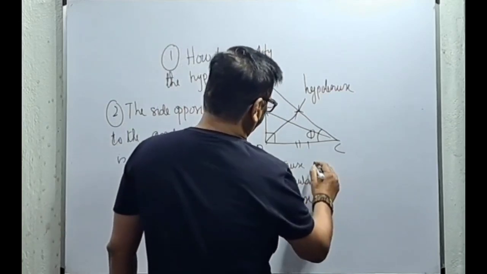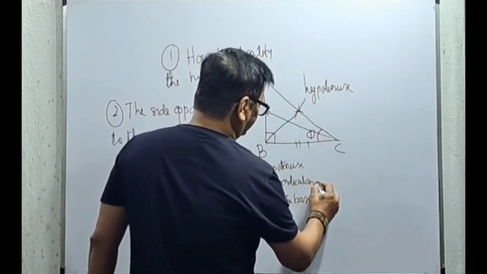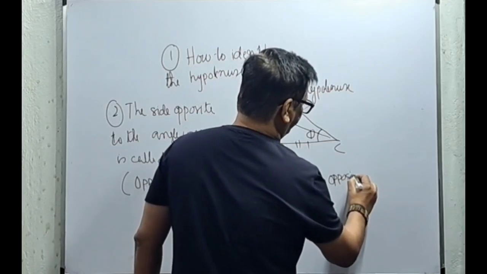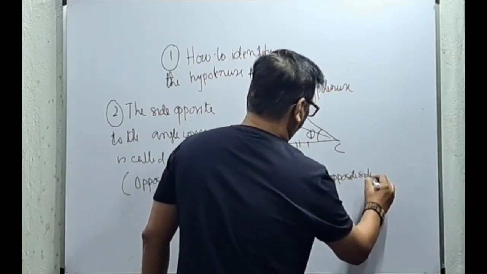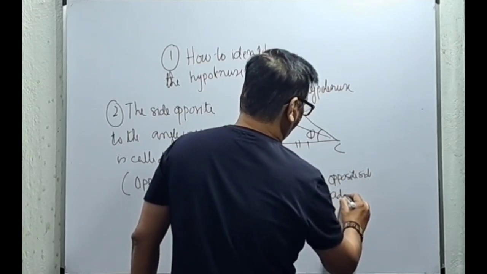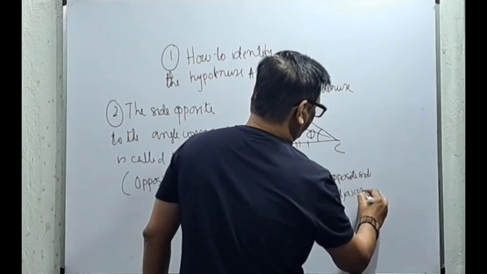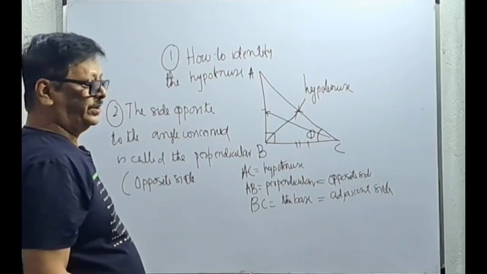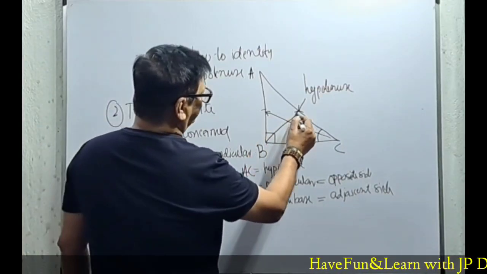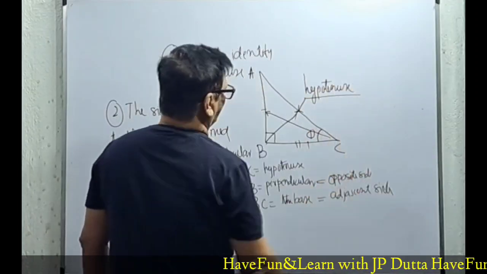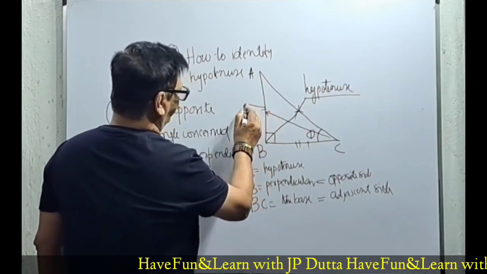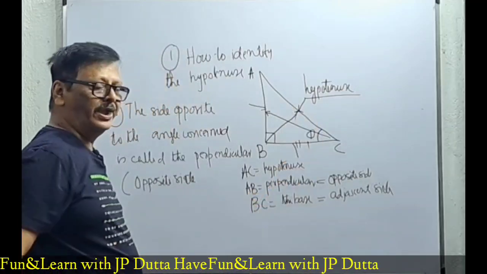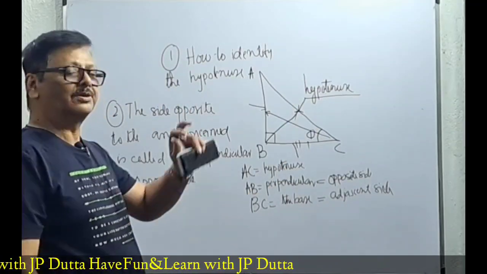This hypotenuse is the same everywhere. Sometimes the perpendicular is called the opposite side, and the base is called the adjacent side. So if we take another look, the side opposite to the right angle will be the hypotenuse, the side opposite to the angle will be the perpendicular, and the side left out will be the base or adjacent side. Is it clear?